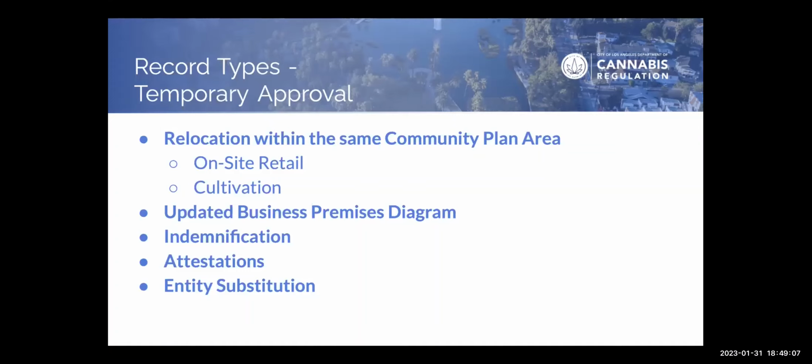And then of course, once a license has been issued, DCR does have the ability to consider an entity substitution request. For the entity substitution request, the entity that you're proposing to allow to take up that license opportunity does have to have a legal business entity record.